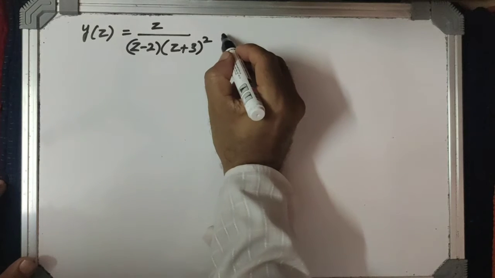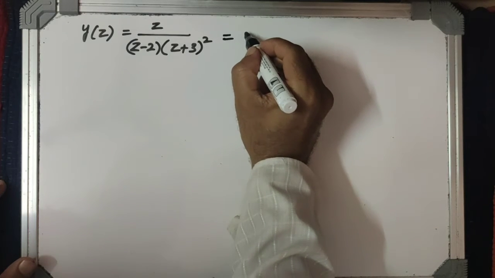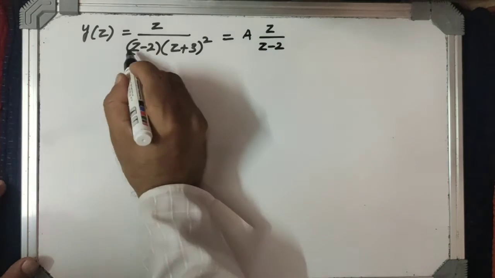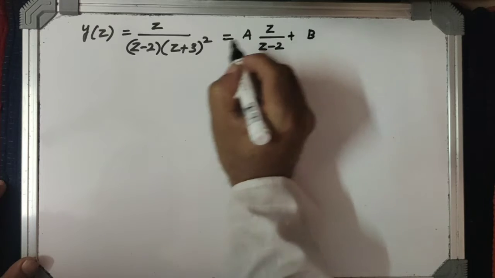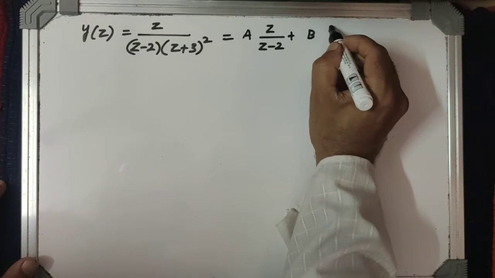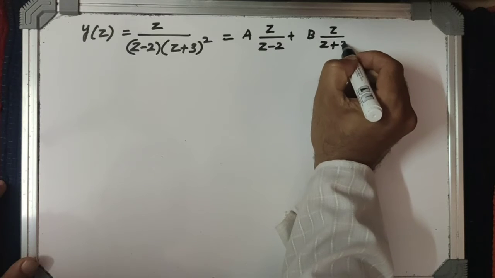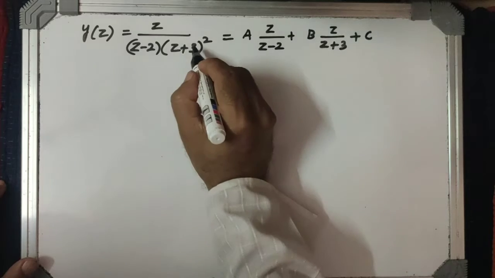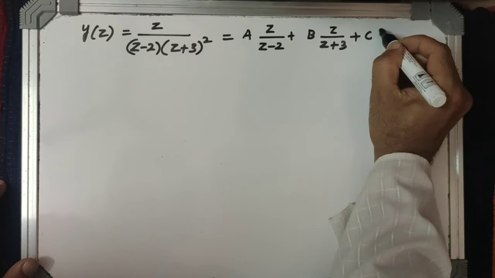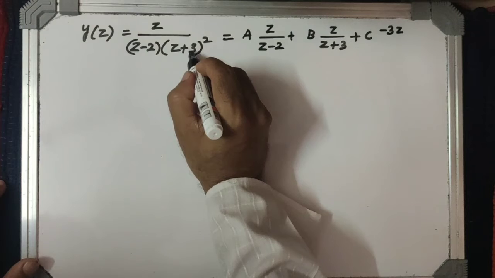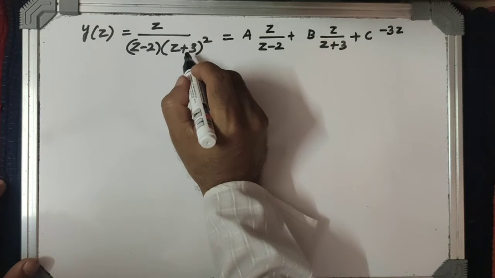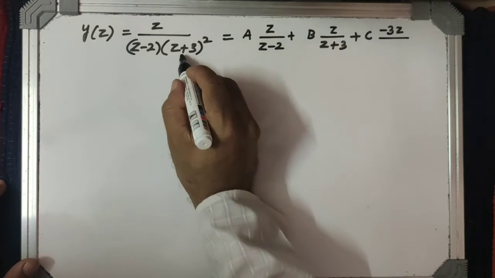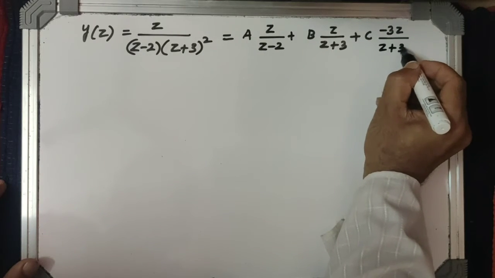Now we will resolve this into partial fractions as A into Z by Z minus 2 for this factor, plus B into Z by Z plus 3, since this is a repeated factor, and the next term is C into, since in the denominator we have (Z plus 3) whole square, I will take here minus 3Z, because a is minus 3. If you compare with Z by (Z minus a) whole square, a is minus 3, therefore minus 3Z divided by (Z plus 3) whole square.